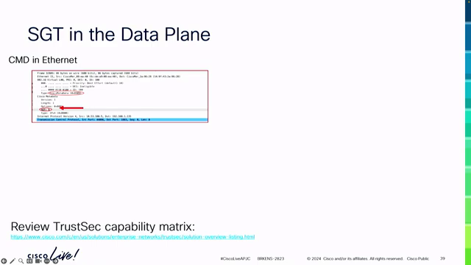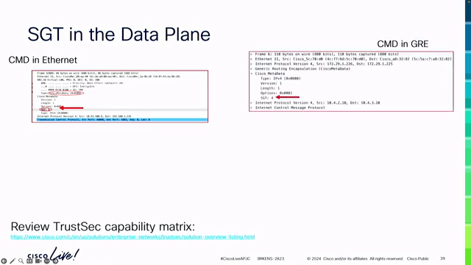Now I'm going to show you, I mentioned that there are multiple ways you can do inline tagging, and one of the ways is having the SGT value encoded right into the layer 2 frame. Here you can see we have CMD types, Cisco Metadata, and within Cisco Metadata, this is SGT 5, the value is encoded in the layer 2 frame. You can also do GRE tunneling. GRE is broad enough, or gracious enough, to not care about what is inside the packet, and it simply encapsulates that.